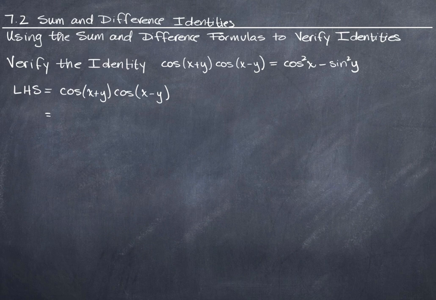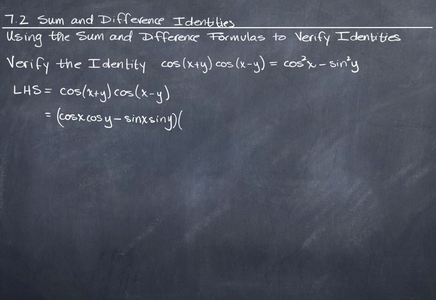Well, the cosine of x plus y was cosine x cosine y minus sine x sine y. That's a rewrite of this factor into a different form using an identity.